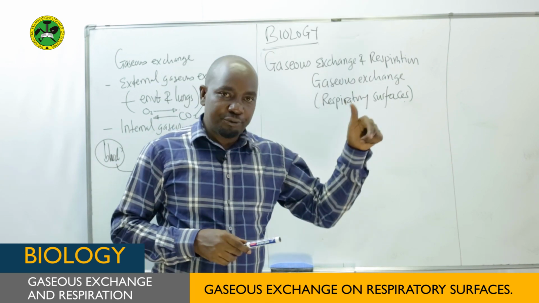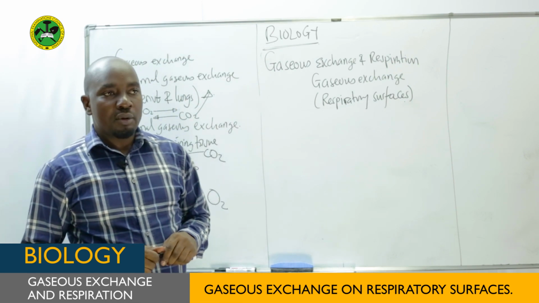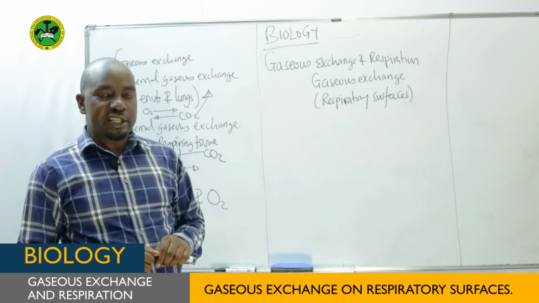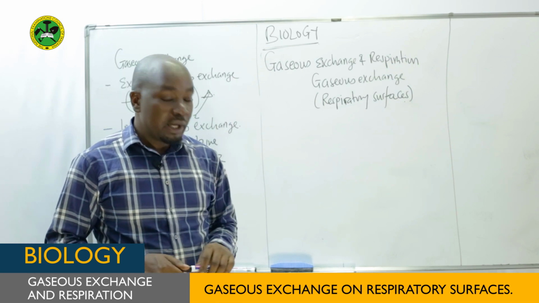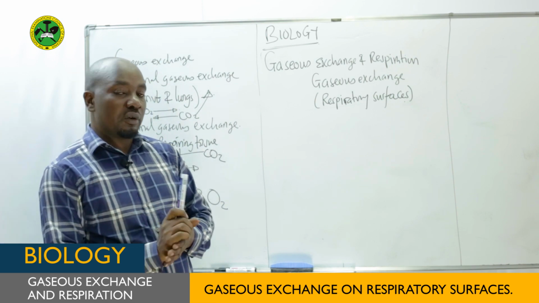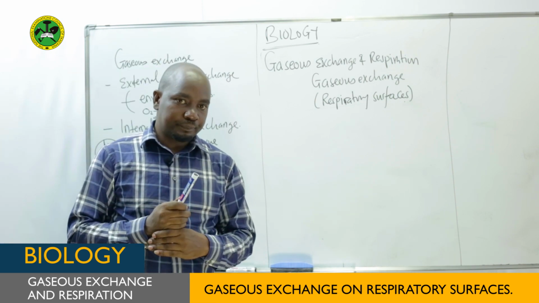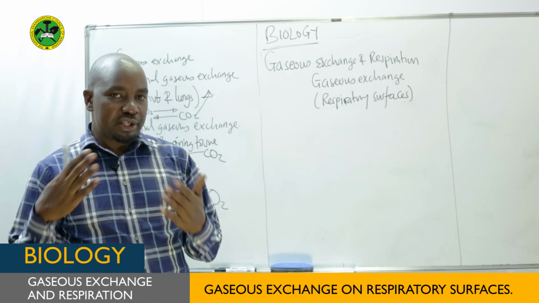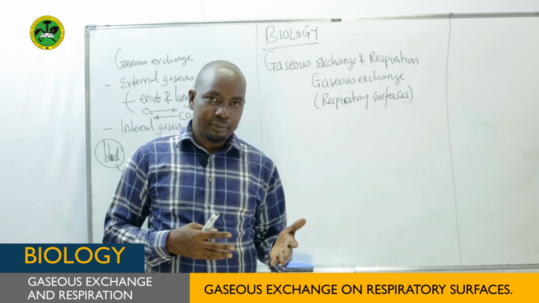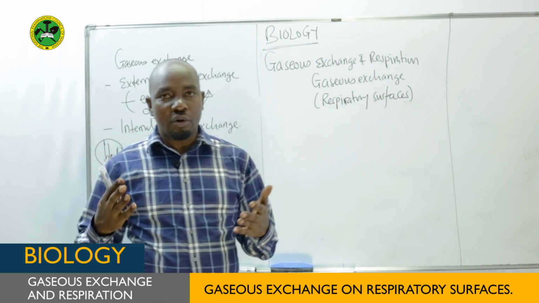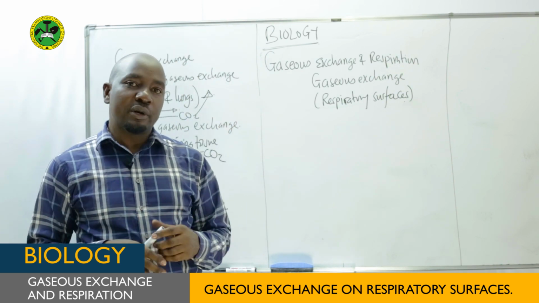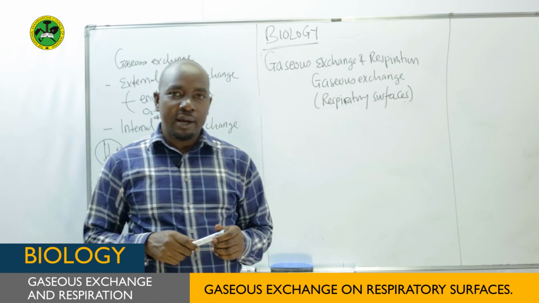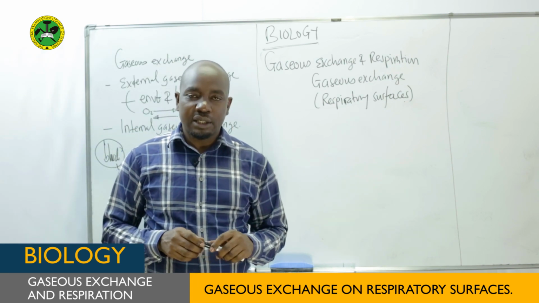But you must first understand what the functions of the respiratory surfaces are and what examples of the respiratory surfaces there are. Respiratory surfaces are specialized parts of the body, or special organs in the body of an organism, where gaseous exchange takes place.